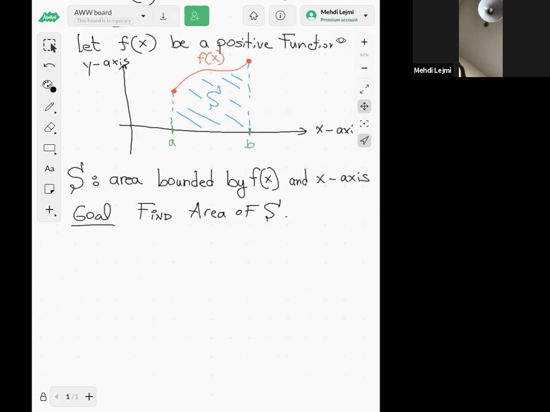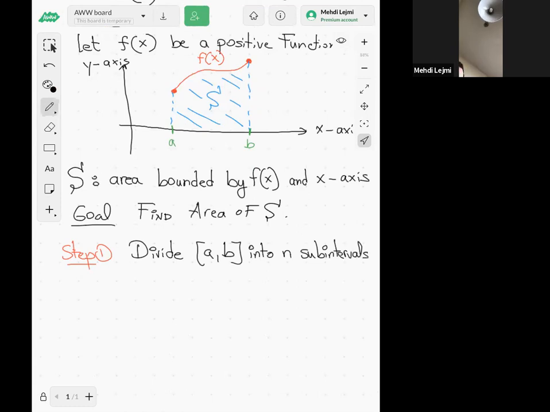So the first step: we're going to divide this interval AB into n subintervals of equal width. And I'm going to denote the width by delta x.